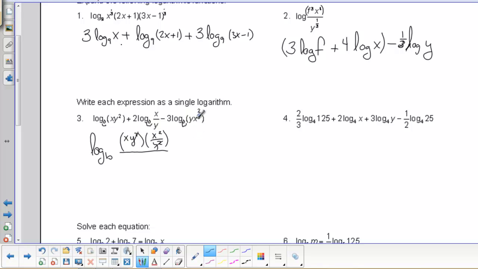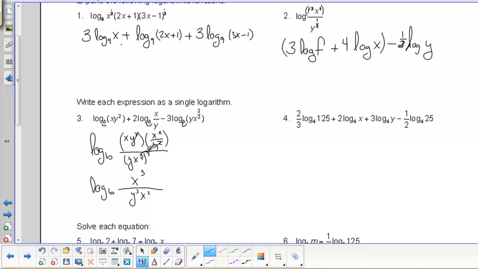Okay? And then over here I've got 3, so that becomes my exponent here. And now I'm going to simplify it one more time. Log base b of x to the third over y to the third x squared.